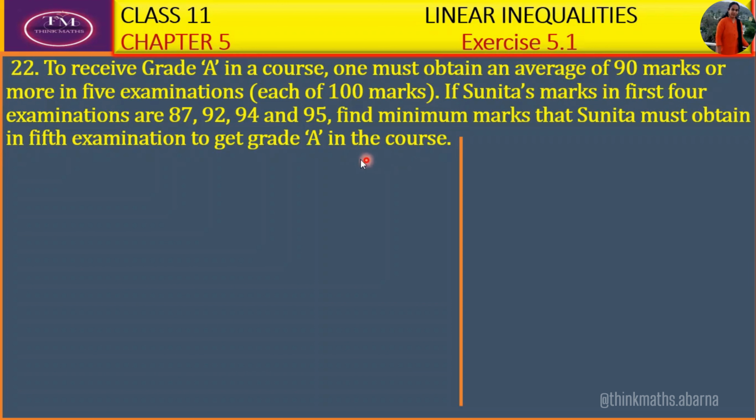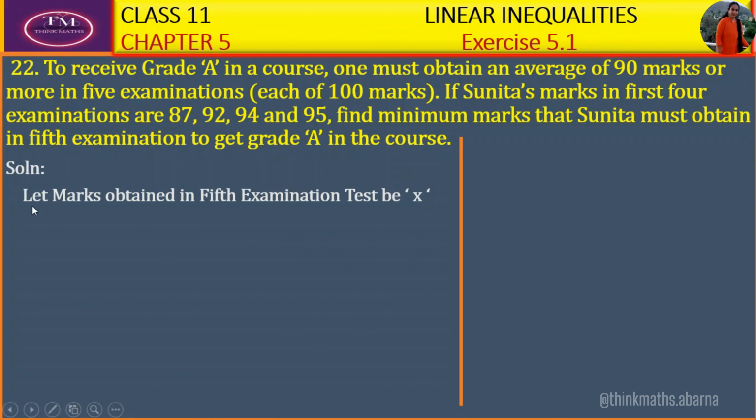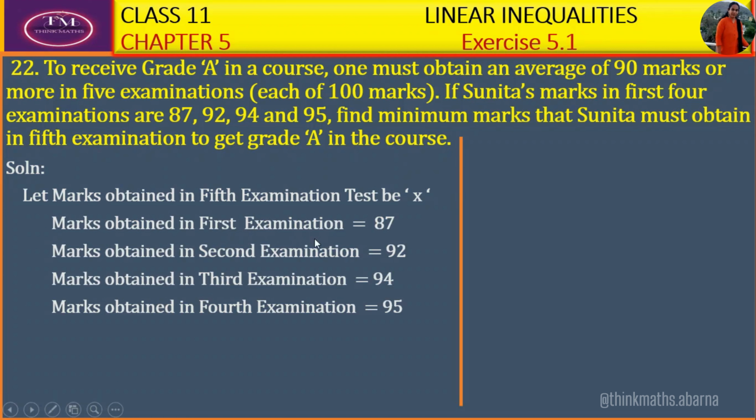This is the same as the previous problem. What is given? We assume the minimum marks in the 5th examination as x. So let marks obtained in the 5th examination be x.